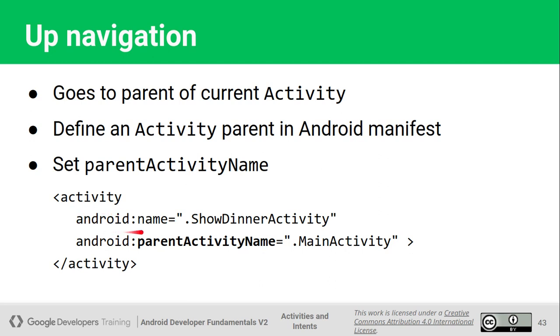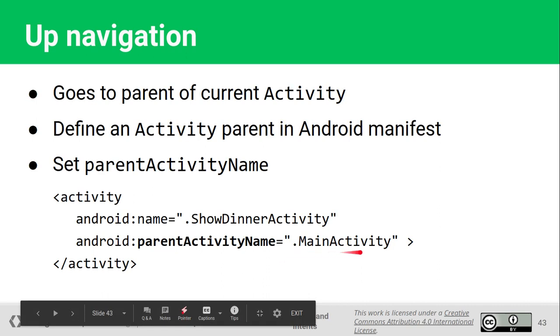For example, we have an activity named show dinner activity, and we want to assign a parent to this activity, which is the main activity. For this we add the tag android:parentActivityName, and we assign the name of the activity which will be defined as the parent.